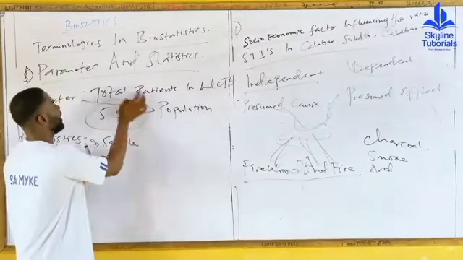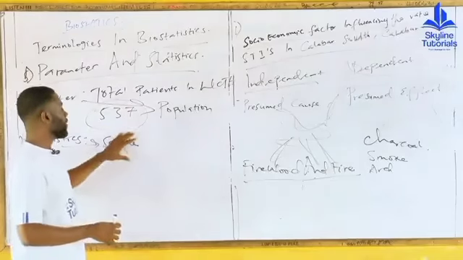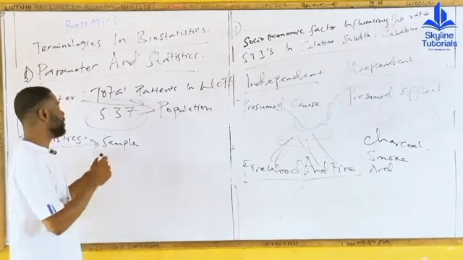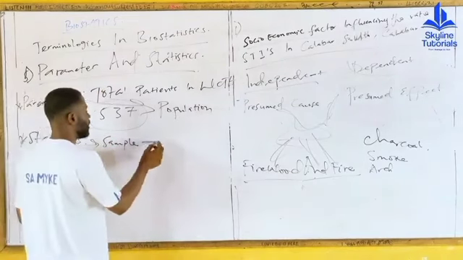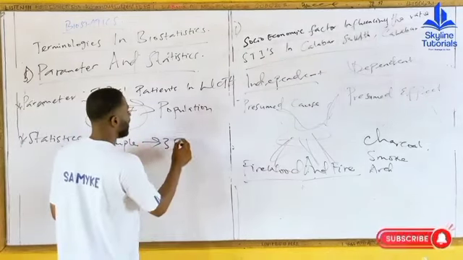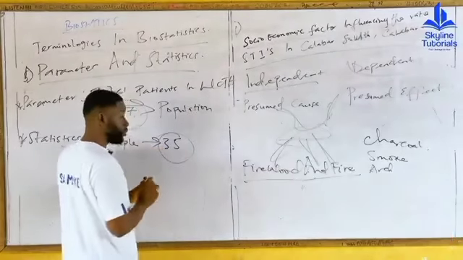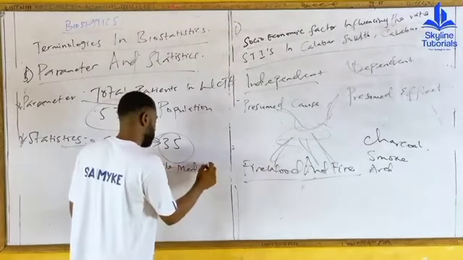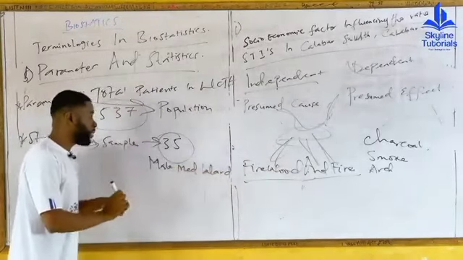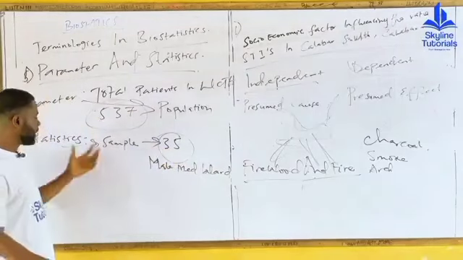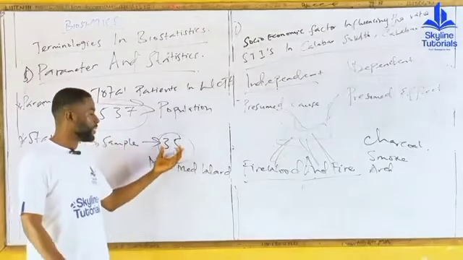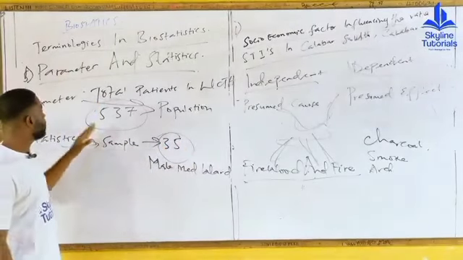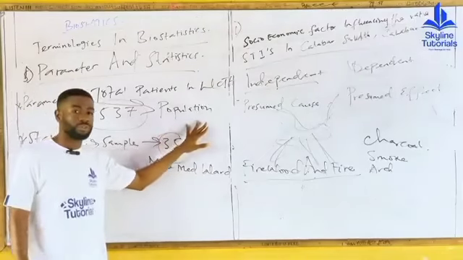Let's say this is my population. Let's say my target audience is patients in a male medical ward, and the total number of patients in the male medical ward in this population is 35. So since I'm concerned about male medical ward, and I have a total number of 35, it therefore means the statistics in this sample is 35. It is just the numerical value of a sample. Statistics is to sample, parameters is to population.